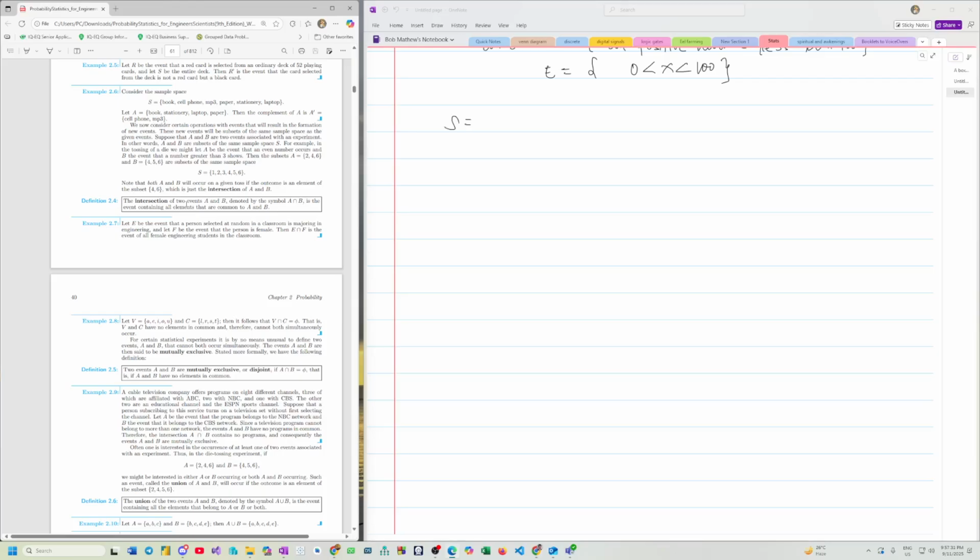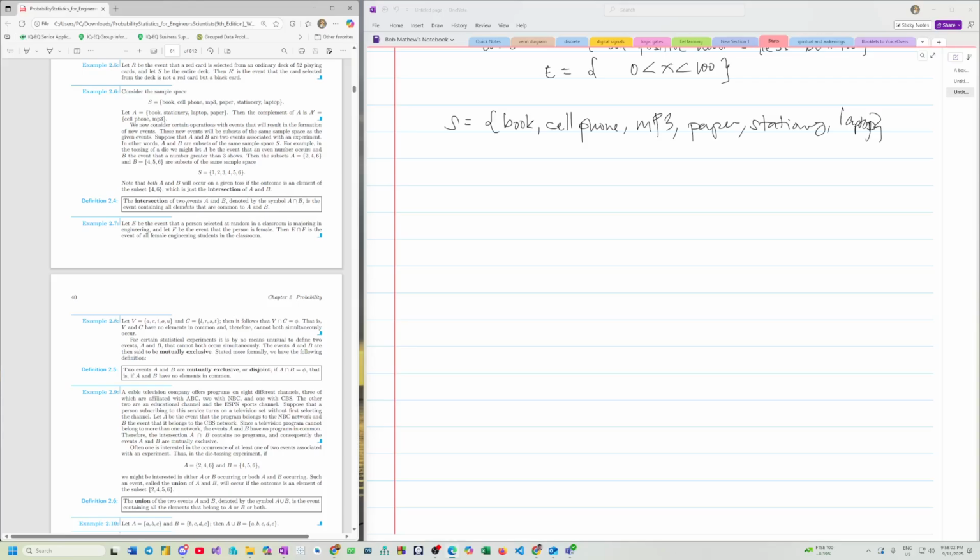S is book, cell phone, MP3, paper, stationery, and laptop. When we let A be equal to book, stationery, laptop, then the complement of A is A prime: cell phone, laptop.